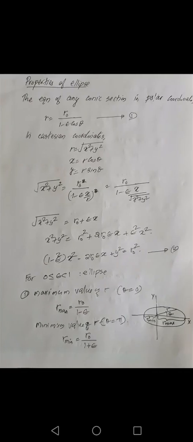So 2r0 by 1 minus epsilon square is a, that is minus r minus a, or r prime plus r is equal to a, that is a constant. That is what we need to prove. So that is the sum property of ellipse. Okay, so that's very important. As you go through some conic sections, we will use all these properties while we are deriving planetary motion.